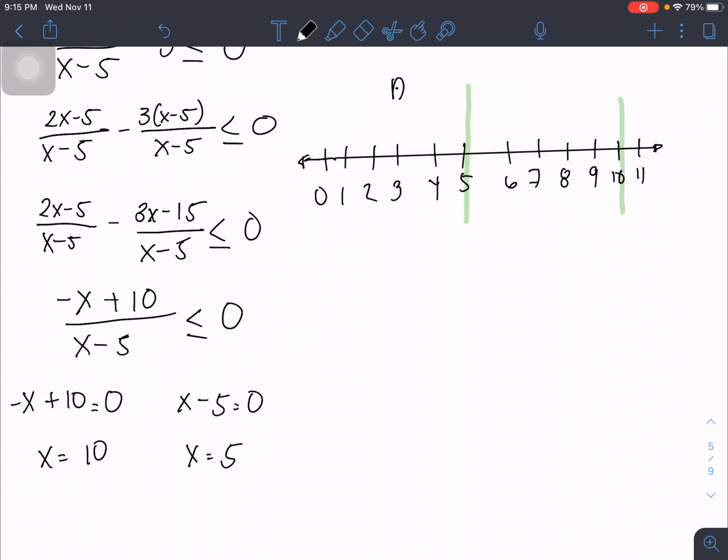So this will be A, B, and C. Now prove the values on each region if it is true or false. So I'll have this as the simplified expression, and I'll be working on this expression. I think I'll be using x equal to 0.